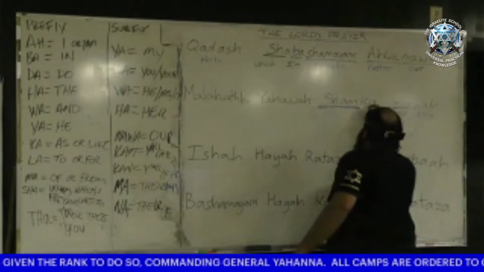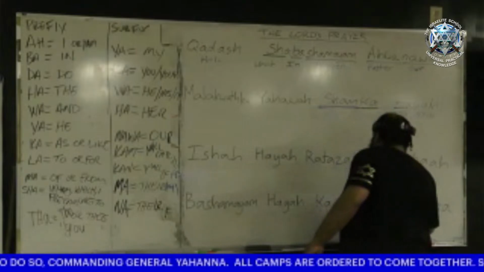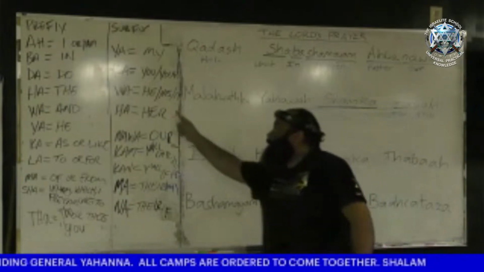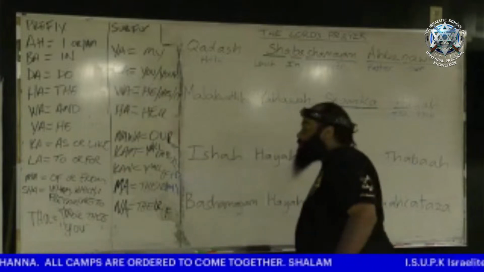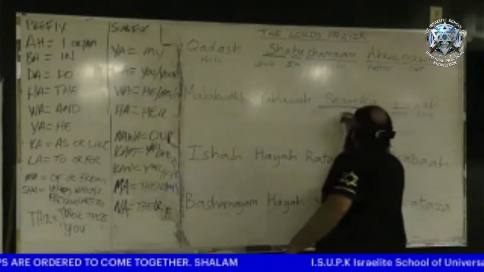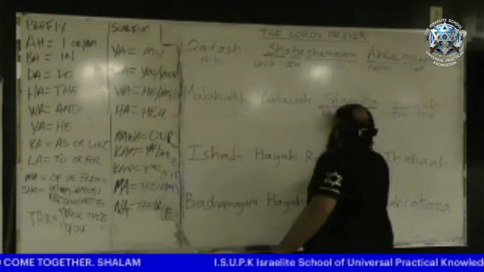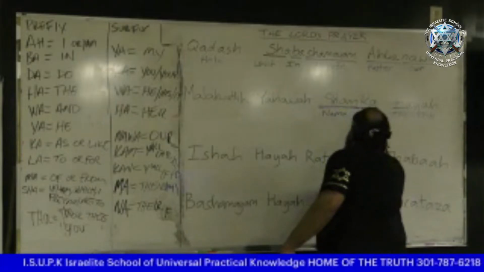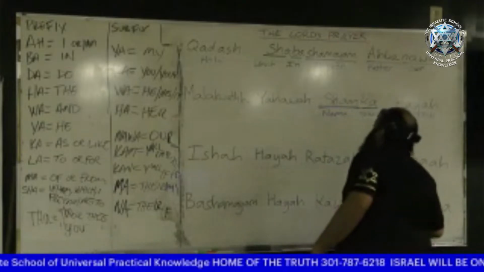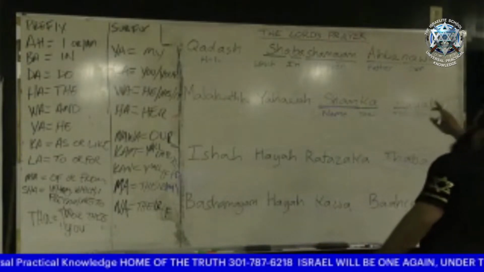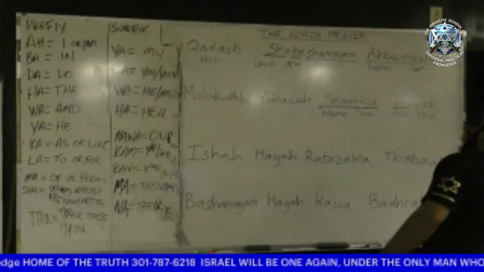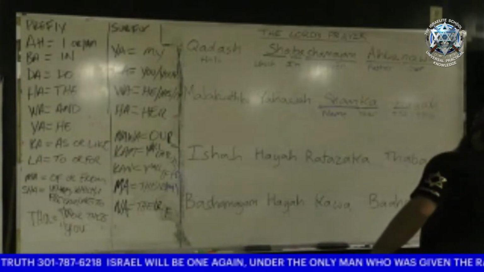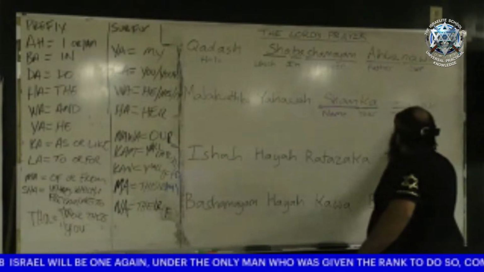And Ka is the prefix for your. You see it right here? You, your. So your name. So our Father, which art in heaven, hallowed is your name. Your name is referring to the Most High, Haya.